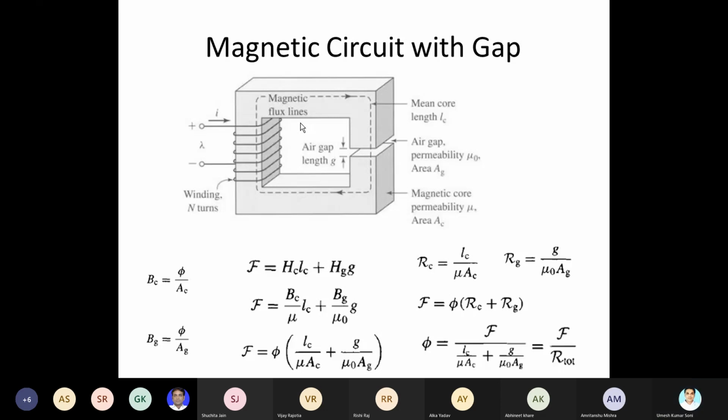How do you get the HC while you have only the information of the flux density and flux? तो आप वहां से रिलेट कर लेंगे कि HC in the core is equal to the magnetic flux density divided by the permeability of the core.